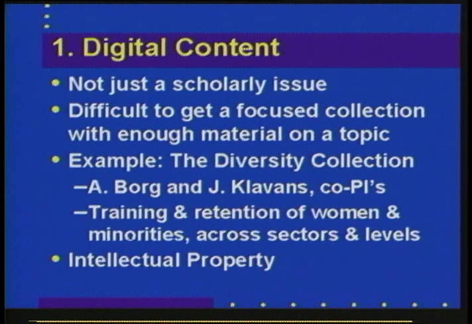So this is not just a scholarly issue, however. It's very difficult to get a focused collection with enough material on a single topic. Take, for example, the diversity collection. This is a project that Anita and I have been working on to gather together material on the training and retention of women and minorities across sectors and across levels, industry, government, universities, K to 12 and up.